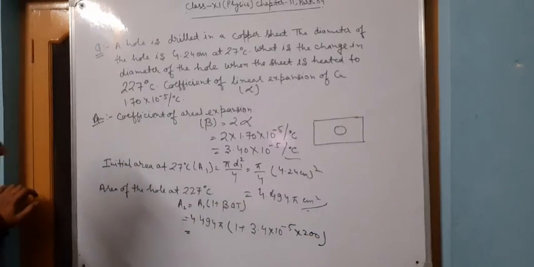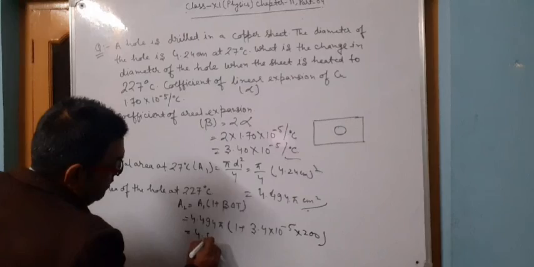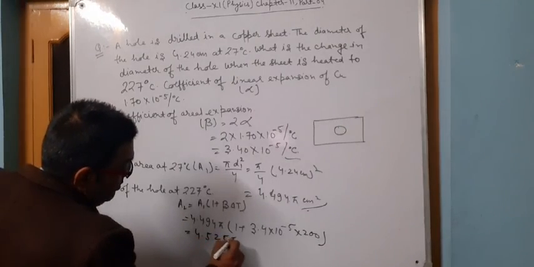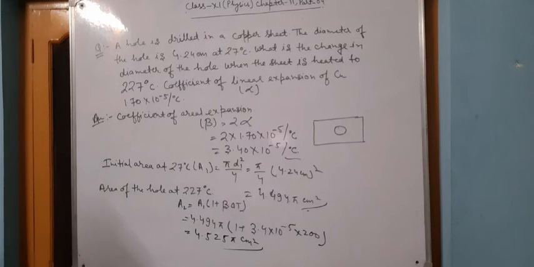Clear? On solving it, we get 4.525 pi centimeter square. This is the value of A2.